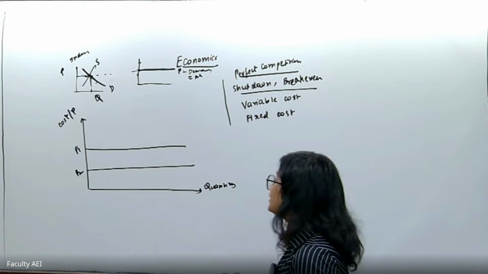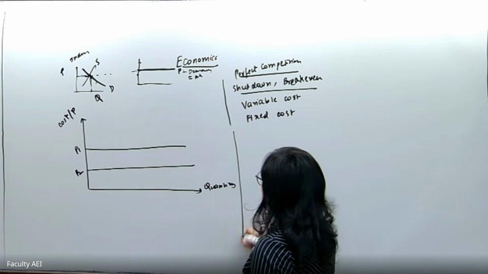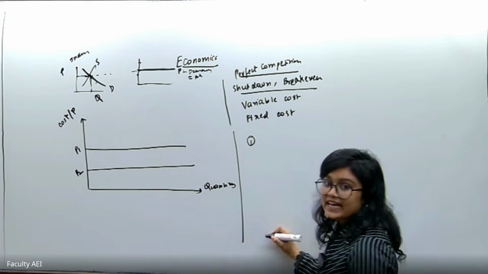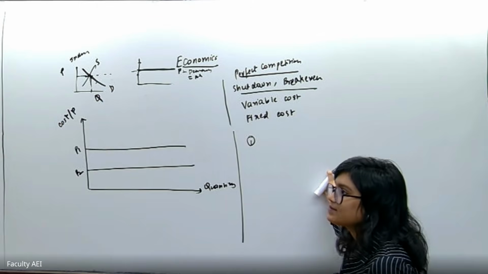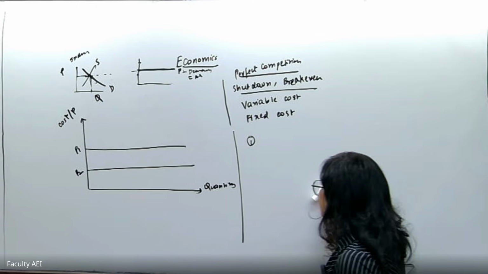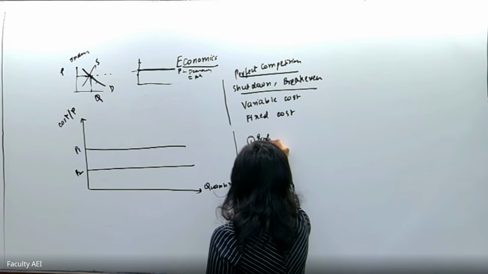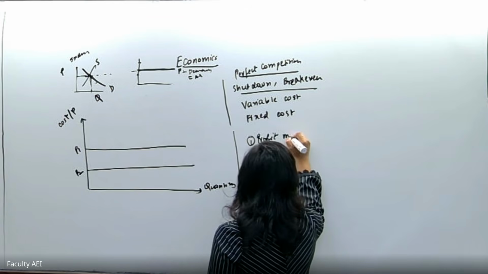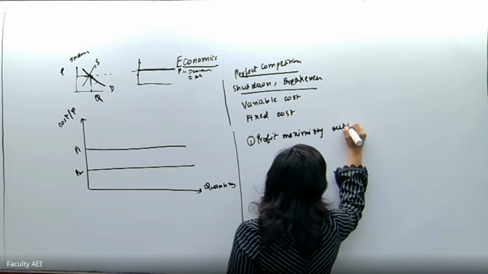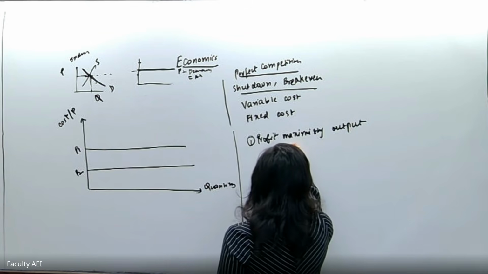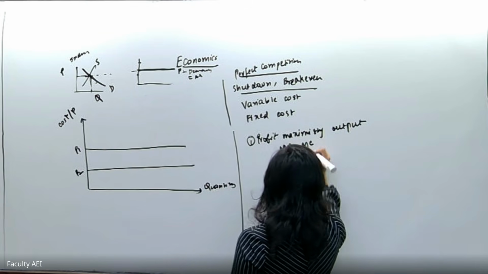And what is my profit maximizing level? The profit maximizing output for all types of organizations occurs where marginal revenue is equal to marginal cost.